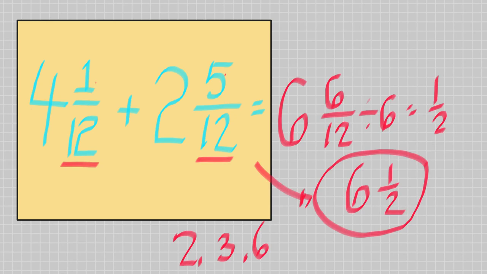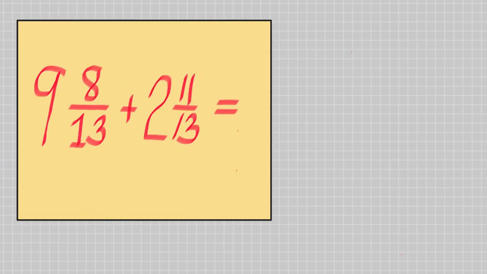That's great. Now, how about if this is the problem? I want all the students and viewers, or parents, if you want to tutor your children, to try to understand this concept also. Again, these mixed numbers here are similar simply because the denominators are the same.